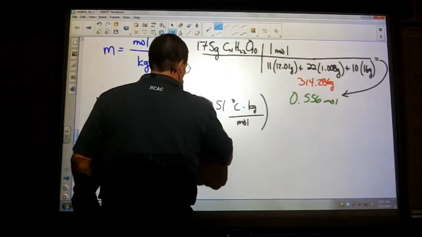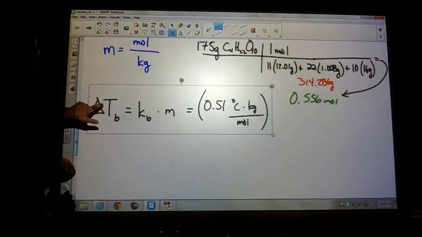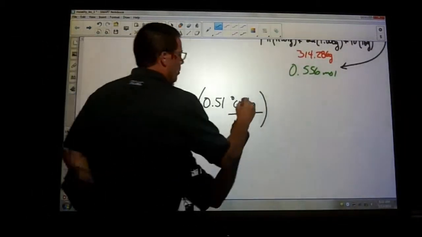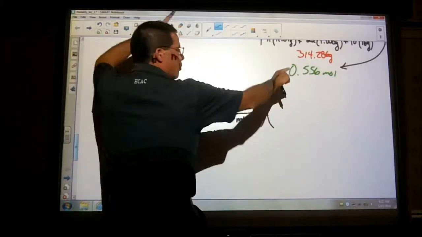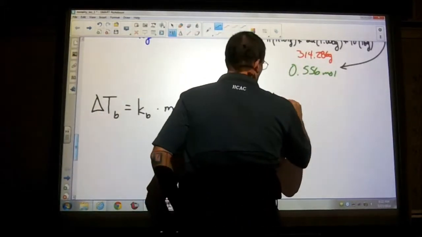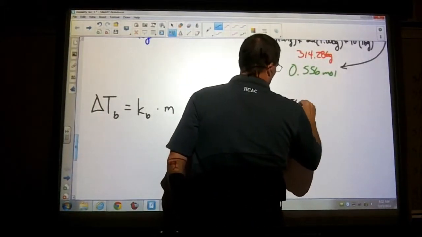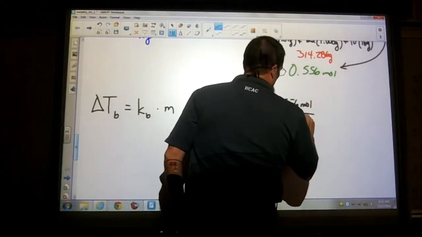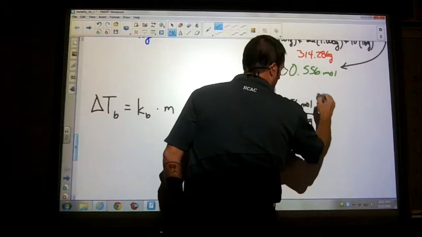Another fun unit there. And then we can multiply that by plugging in those values. I'm just going to leave it as this, 556 moles, or whatever's in my calculator, divided by 0.75 kilograms.